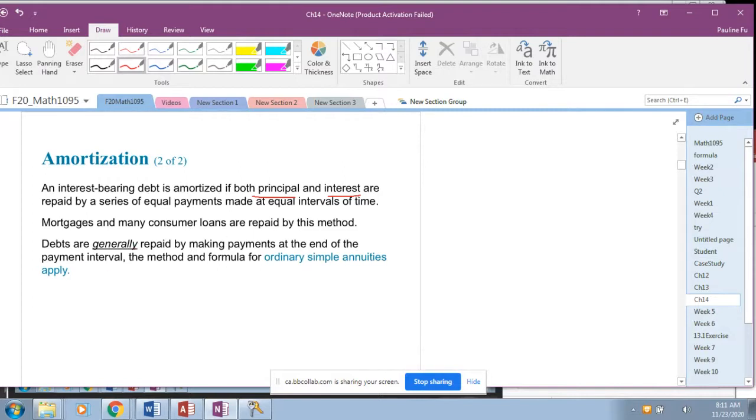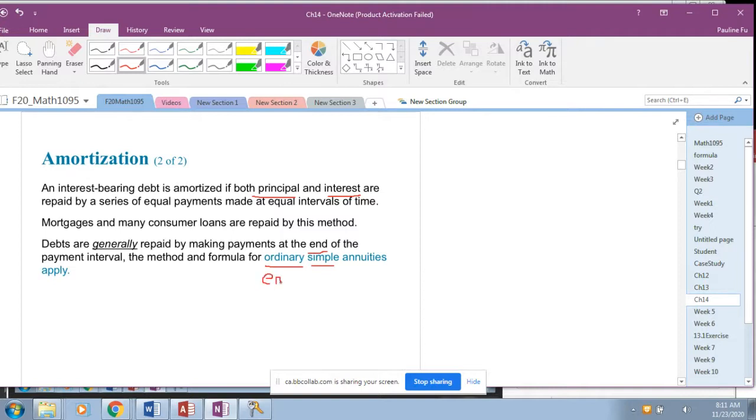So if the debt is paid at the end of the payment interval, we are going to use ordinary simple annuities. So remember, what does the keyword ordinary mean?